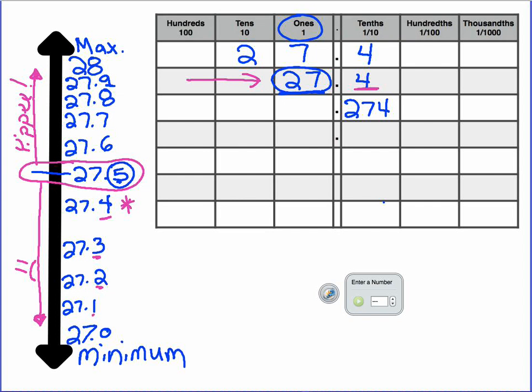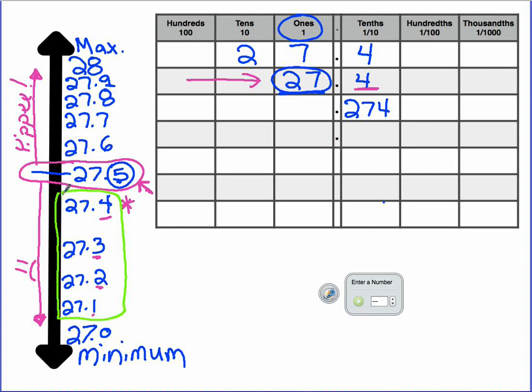Okay, just remember that once we get to this point right here, the number rounds up, right? Once we hit that midway point, that means all of these numbers stay the same because they didn't meet the challenge.